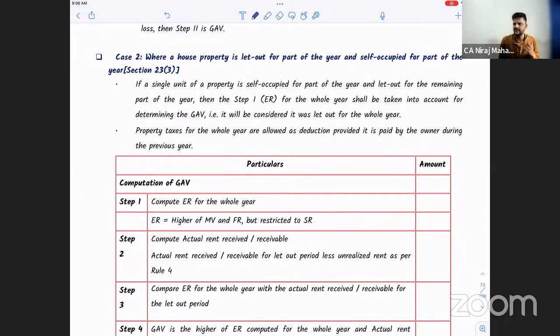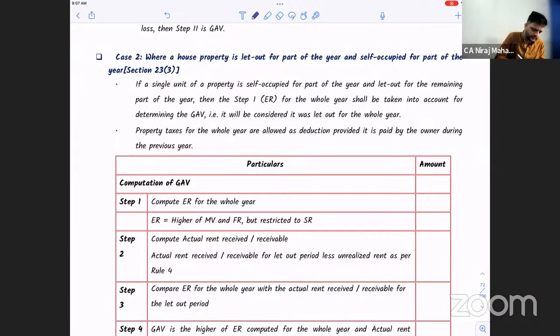Let us say you shifted to some other city or location for any reason. So you have occupied the property yourself for some part, and some part is now let out. Possible, no? You got a better house, so you shifted to it and the other house you have given on rent.